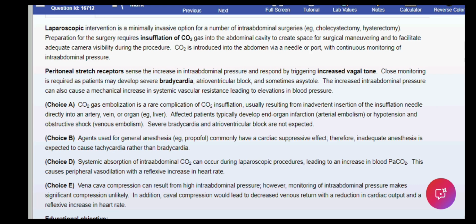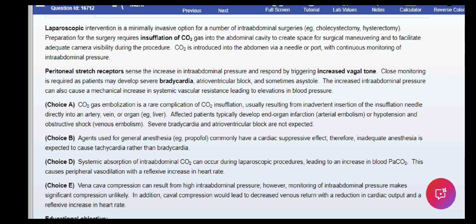The increased pressure can also cause mechanical compression of the vessels, leading to elevations in blood pressure. But here the problem is bradycardia. What is related to bradycardia? The peritoneal stretch receptors.